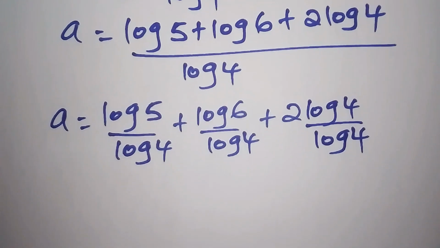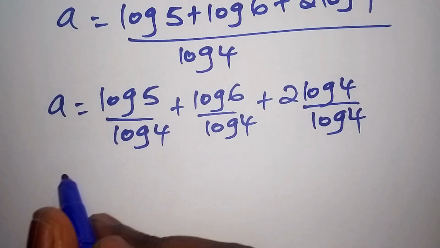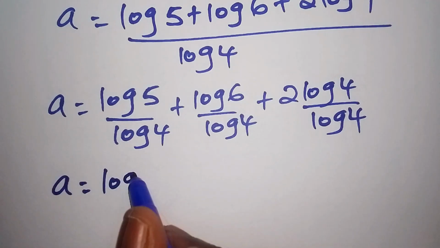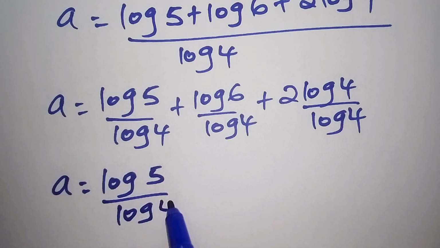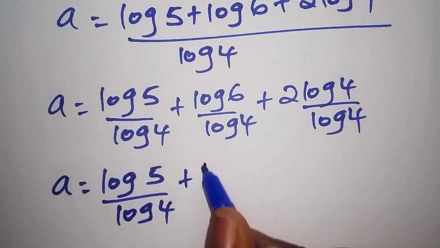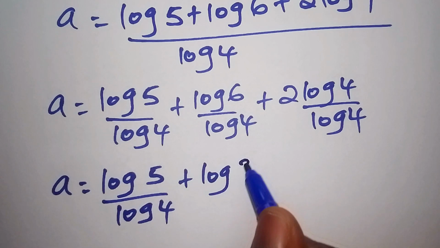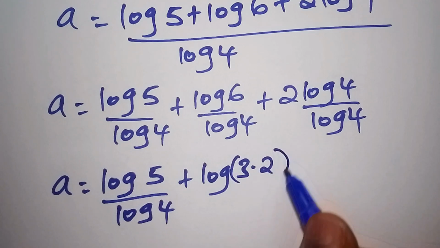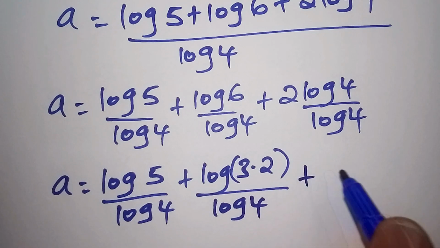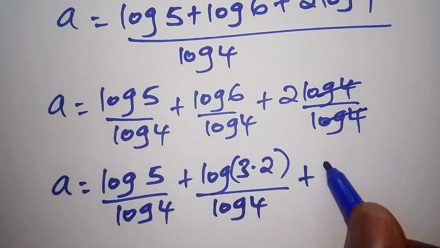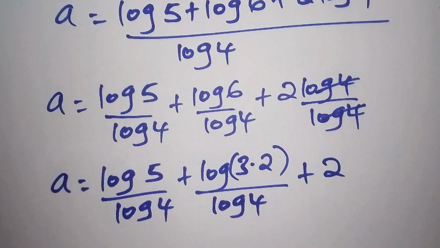So next we shall say that a is equal to log 5 all over the log of 4, plus, in this case, log 6 can be written as the log of 3 multiplied by 2, all over the log of 4, plus, so log 4 and log 4 shall cancel, so we shall remain with 2.